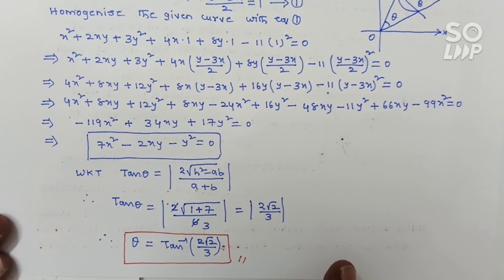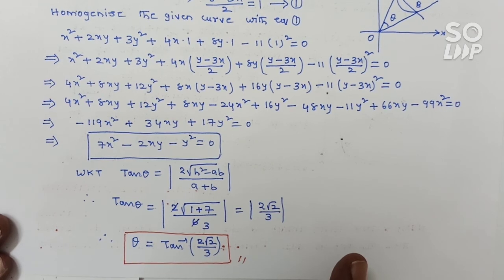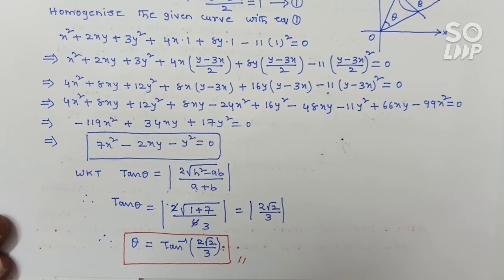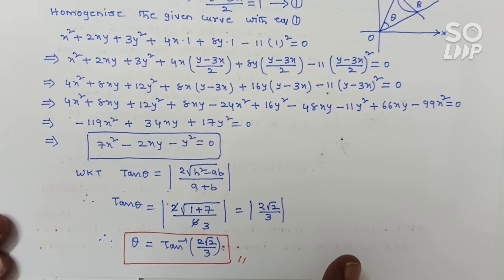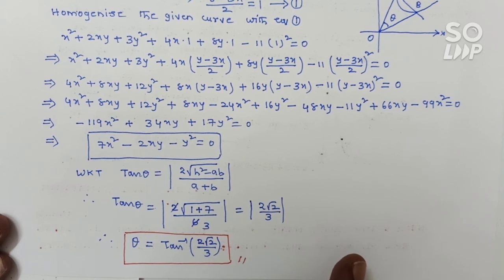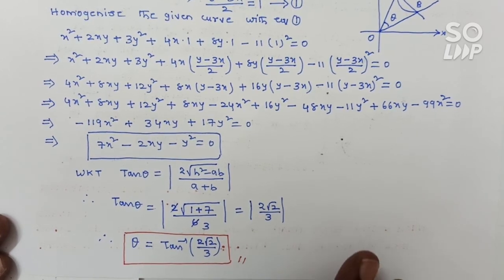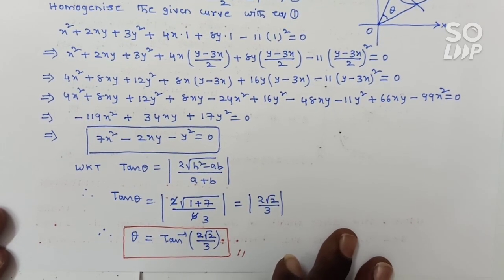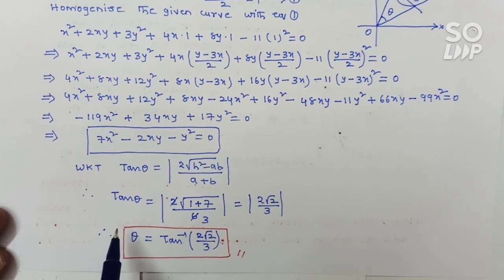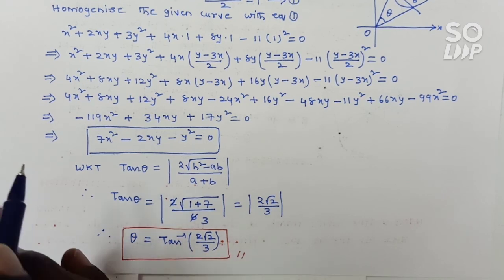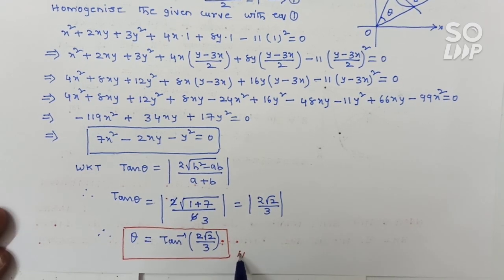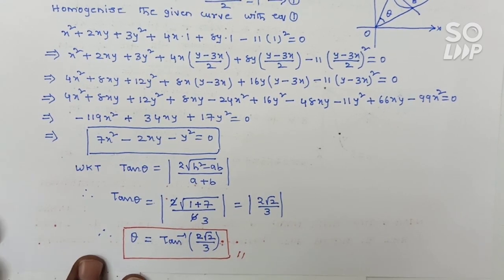Suppose if you want cos inverse, you apply the cos theta formula. If you want sin inverse, you apply the sin theta formula. I already said what the sin theta, cos theta and tan theta formulas are in the homogeneous concept. So this is the example problem.